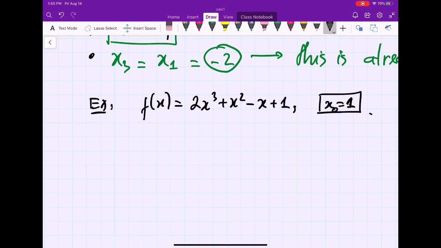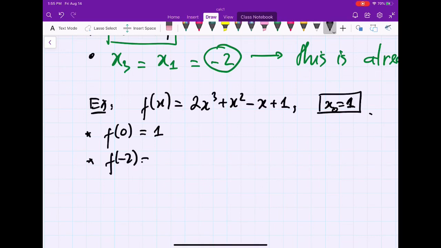Again, I need to show that the polynomial has at least one 0. Let's find it out. I pick f of 0, I get 1. So I need to choose another point such that f of x is less than 0. From this example, I think I just need to pick -2, I guess.